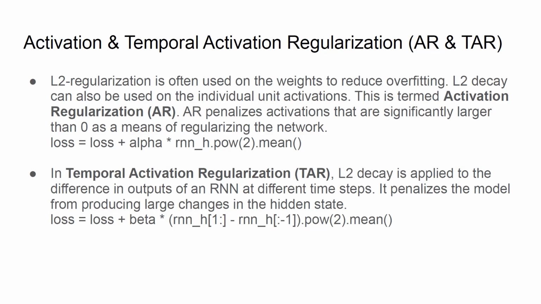Activation regularization penalizes activations that are significantly larger than 0 as a means of regularizing the network. In temporal activation regularization, L2 decay is applied to the difference in output of an RNN at different time steps. It penalizes the model for producing large changes in the hidden state. Here is the link to the reference paper.